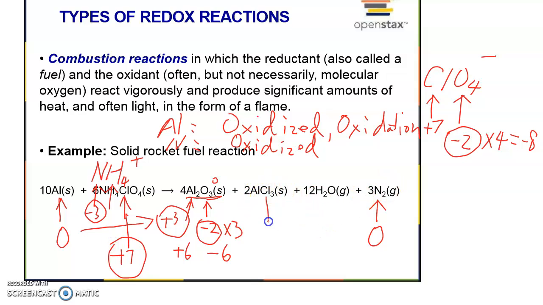If we look over here, when chlorine is not combining with oxygen or any other type of halogen, it is -1. And aluminum here is +3 because we have 3 of the -1. If we assign it this way, it will balance out.